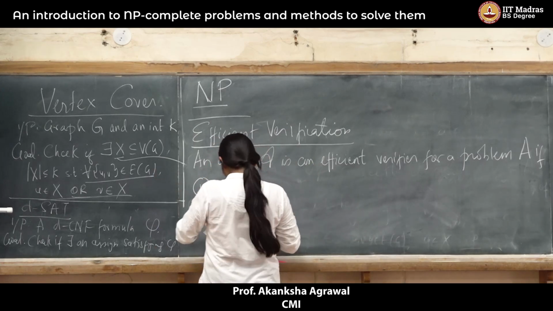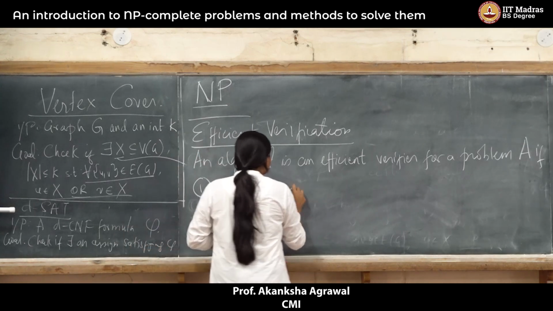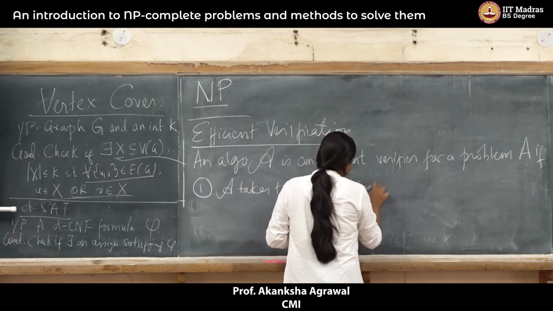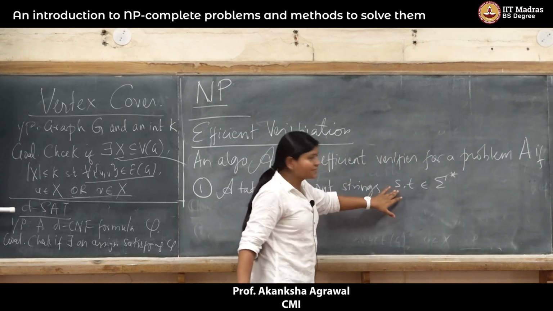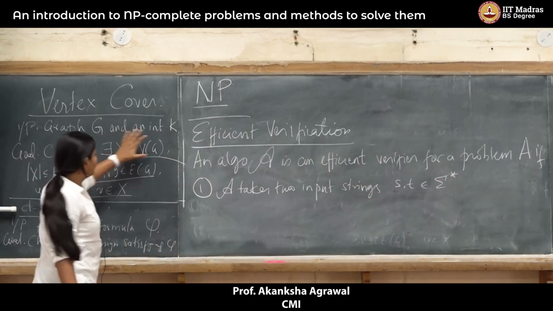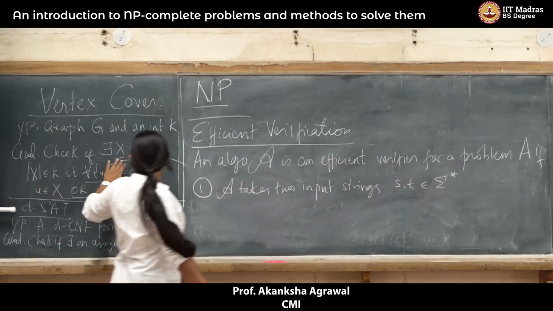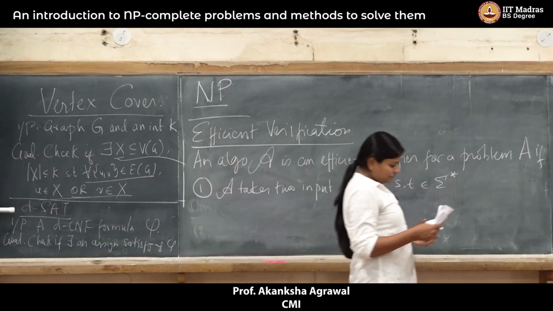So A takes two input strings S comma T in sigma star. Okay. So this S is supposed to denote the pair G comma K, and this T, roughly speaking, is supposed to denote such a vertex subset X. Okay. That is like the mapping.